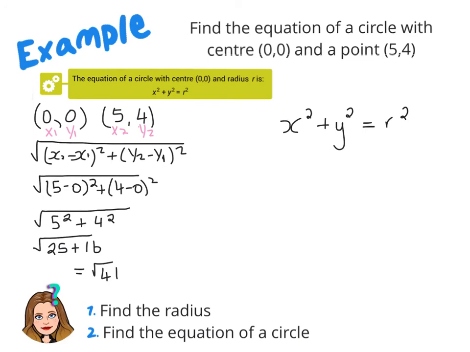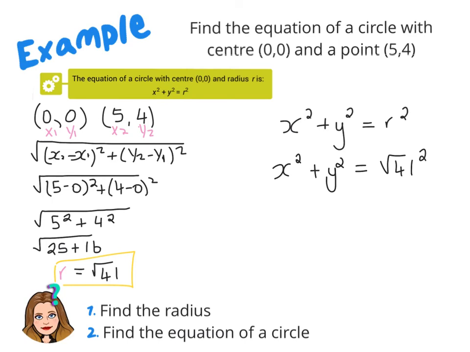Now you're told down here that r equals root 41. So you use that information like you would if it wasn't a square root. So you say that x squared plus y squared equals root 41 squared.